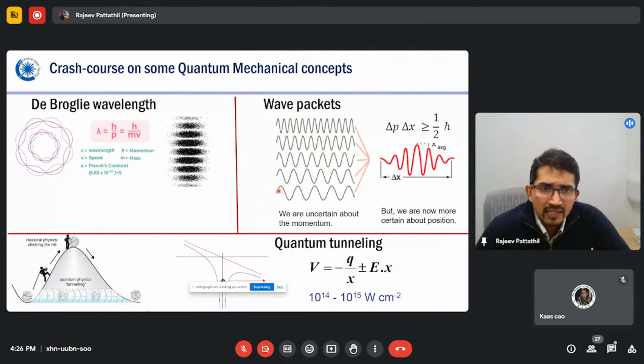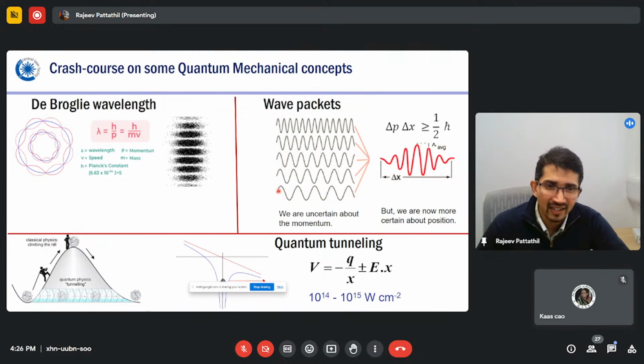So I think it'll be important for you to understand some of these quantum mechanical concepts. It'll be trivial for some of you, but it will not be trivial for some others. Just like light, as I said, you have wave and particle nature. Same for pretty much any matter.